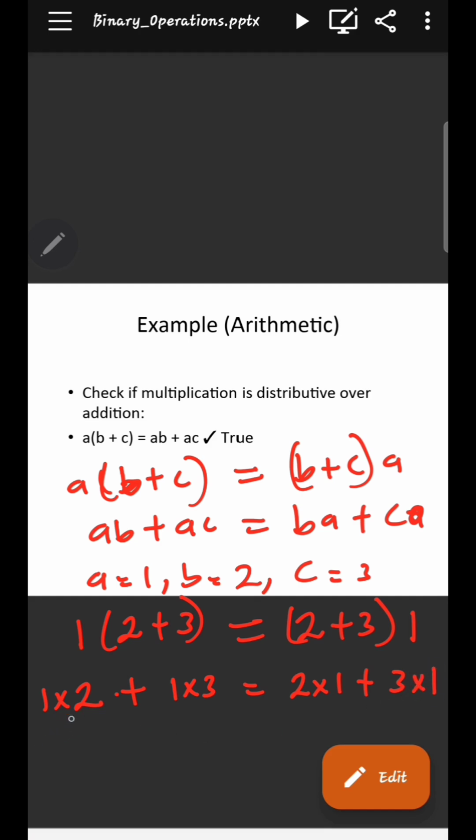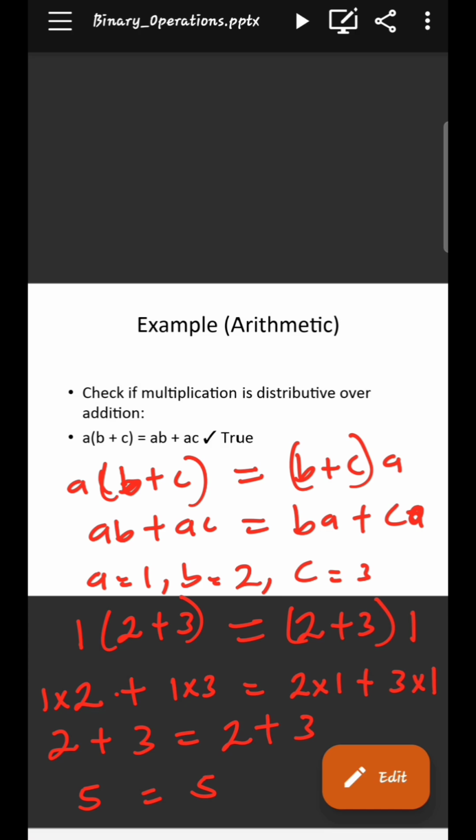This gives us 2 plus 3, which is 5 equals 5. So multiplication is distributive over addition, because between A and B plus C is multiplication.